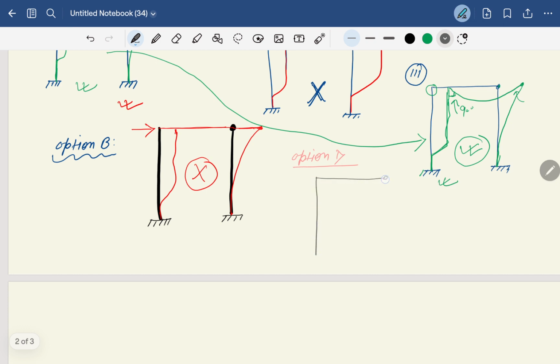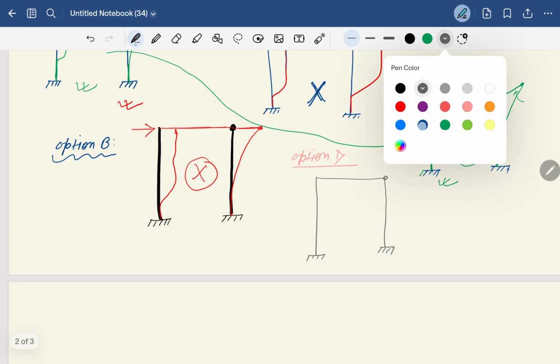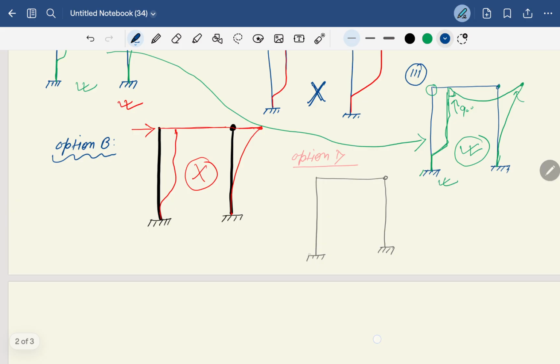This is the internal hinge, and this is the fixed support, and this will also be the fixed support, and here we are going to draw the deflected shape of this. So it will be like this, and here it will be 90 degree, and here it will be like this, okay, and it will be like this.